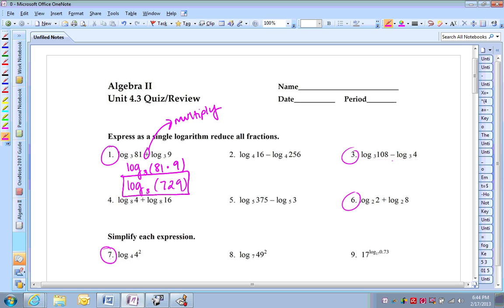On problem 3, we are subtracting two logarithms with the same base, so we go ahead and divide. Okay, so it becomes log base 3 of 108 divided by 4. And my final answer is log base 3 of 27.